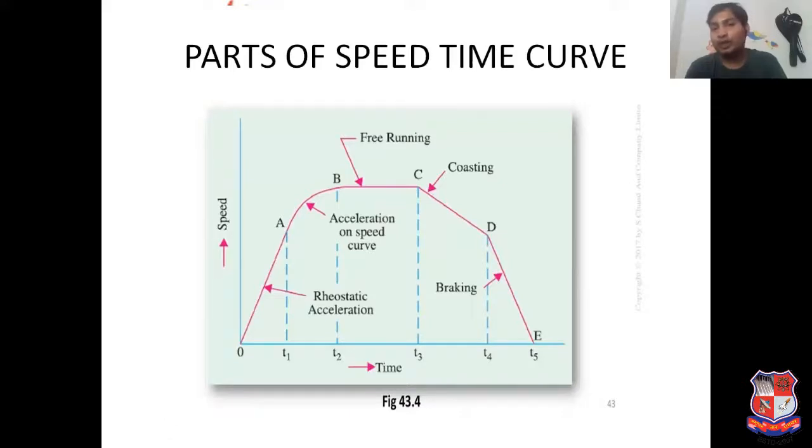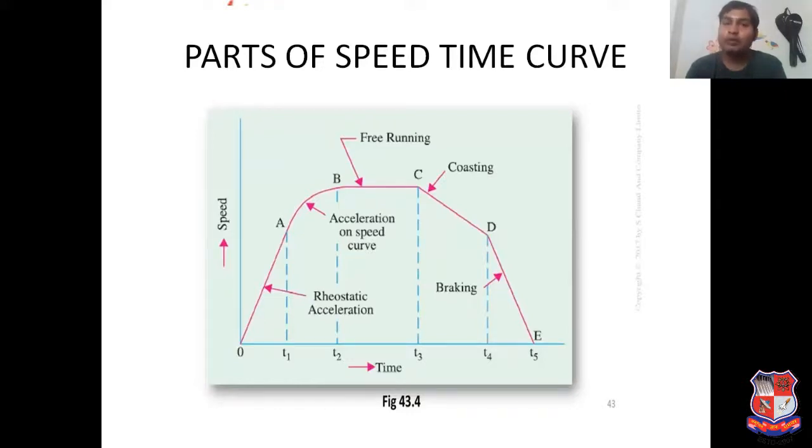But suppose the destination is near and the driver is aware that the train has sufficient momentum and it can travel by itself up to some distance, so he will cut the power supply.